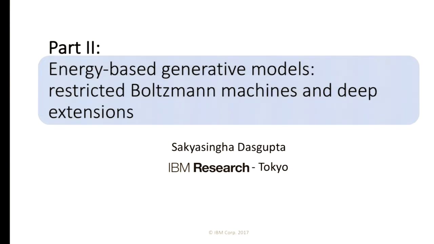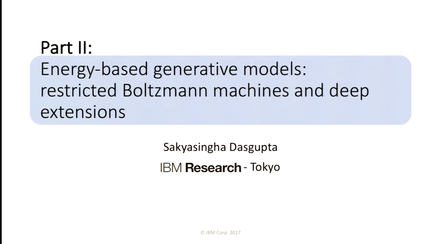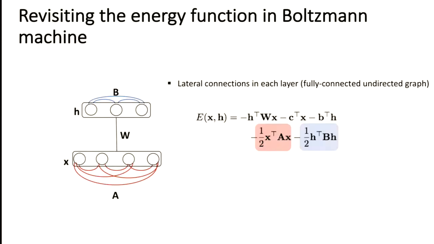Okay, so this part is going to be largely a historical perspective, covering the energy-based models that we have seen, and variants of them, like restricted Boltzmann machines and deep extensions of those, wherein previously this basic energy-based model was largely intractable. Previously we looked at the Boltzmann machine, which looks like this, wherein you had connections.